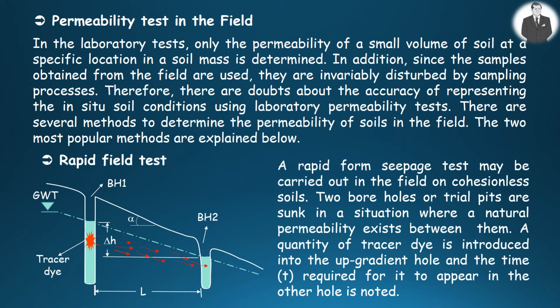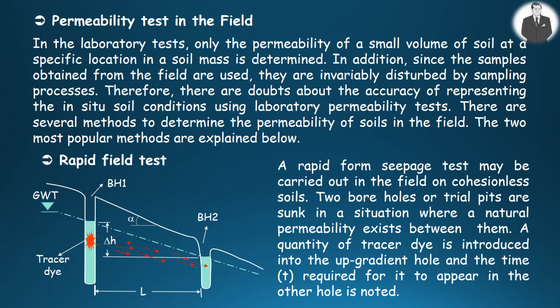The first one is the rapid field test. A rapid seepage test may be conducted in the field on cohesionless soils. Two boreholes or trial pits are dug in a situation where a natural permeability is available between them.